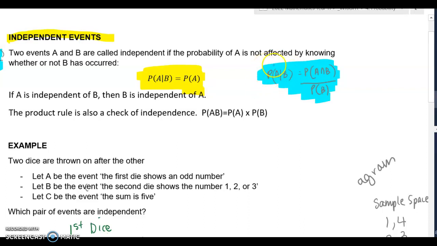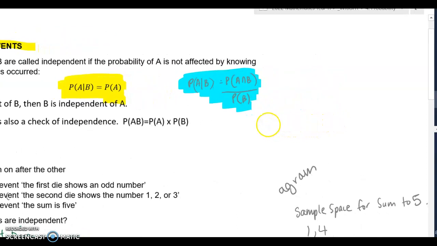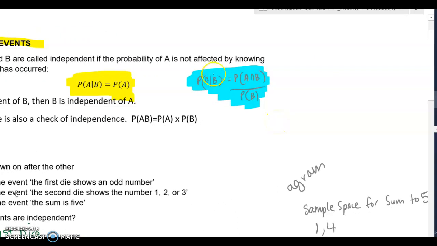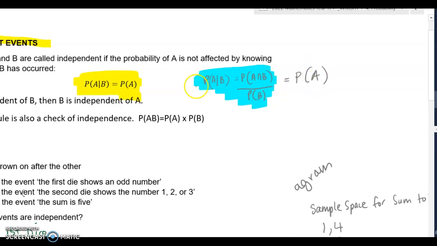And what we've said is that the probability of A, given this other information B, is found by finding the probability of A and B over the probability of B. But if our events A and B are independent of one another, or the fact that finding the probability of A doesn't depend on B, we would find that our probability of A given B would be equal to the probability of A, in that it does not depend on B. B is independent of A. That would tell us the two events are independent.